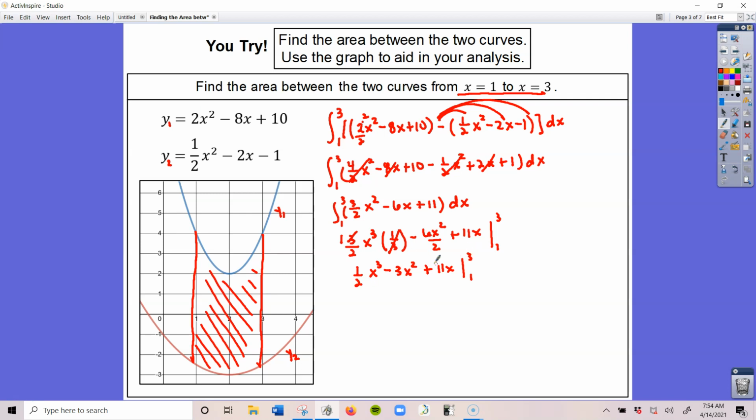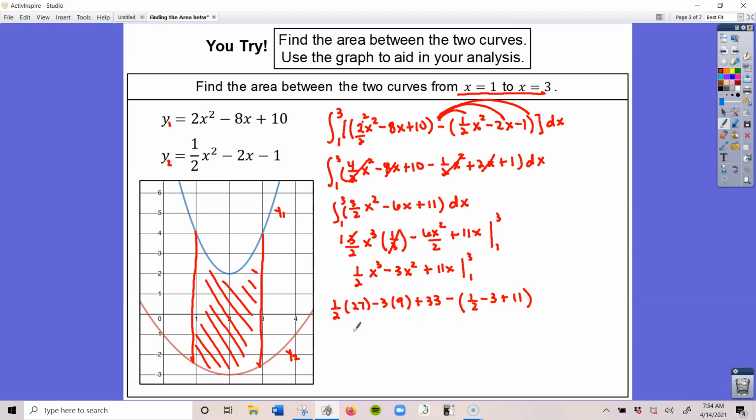Now we're going to plug in the 3. So we have this 1/2, 3 to the third, which is 27, minus 3 times 3 squared, which is 9, plus 11 times 3, which is 33, minus, when I plug in the 1, 1 to the third is 1 times 1/2 is 1/2, minus 3 times 1 is 3, plus 11.